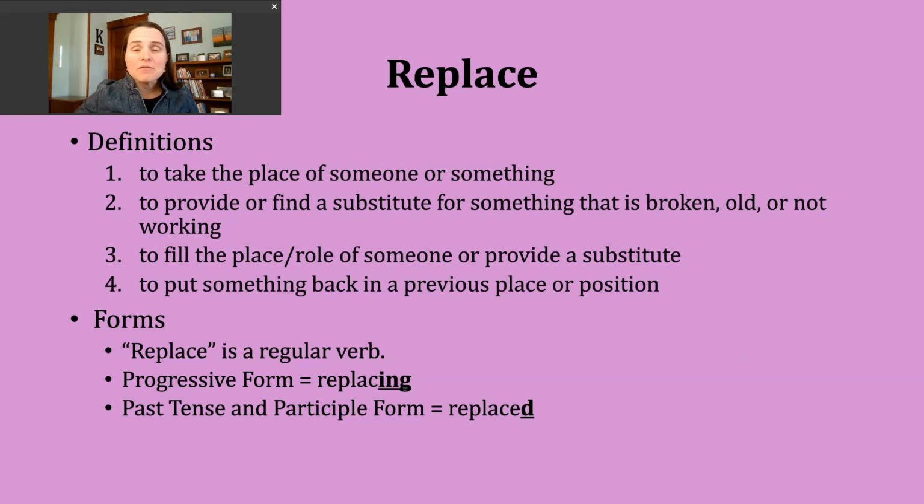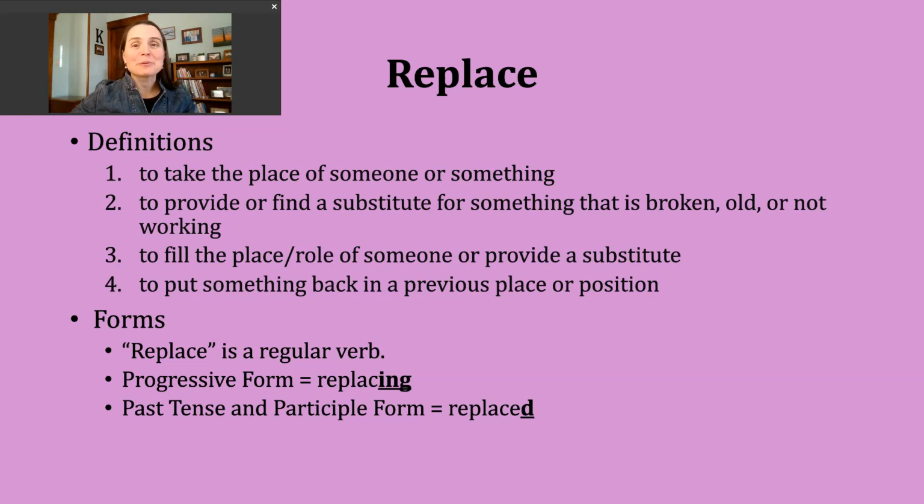To make the progressive form of this verb, we need to drop the E because the ending syllable ends with a vowel, consonant, and then an E. So I'm going to drop the E before I add ing, and that makes replacing. To form the past tense and participle forms of this verb, all you need to do is add D, since this verb already ends with an E.